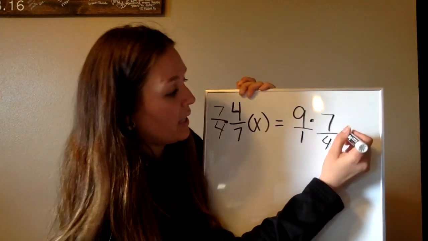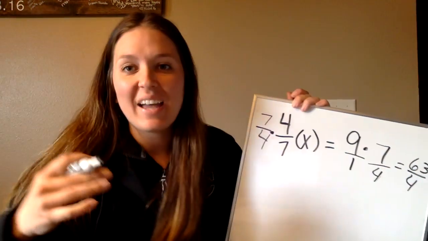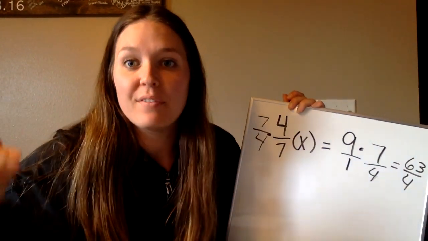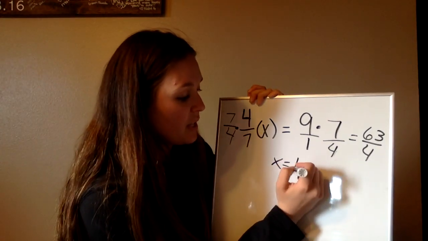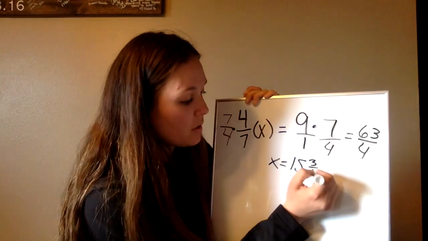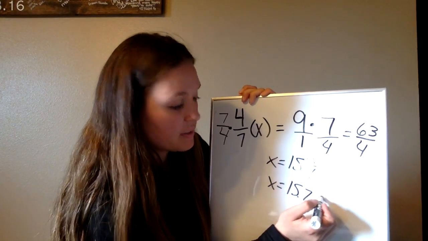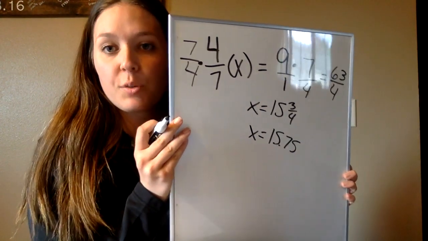Then you get 63/4. Now if I divide 60 by 4, I get 15. Then I have 3/4 left over. So I end up with x equals 15 3/4, or x equals 15.75. Okay, so this is the first problem.